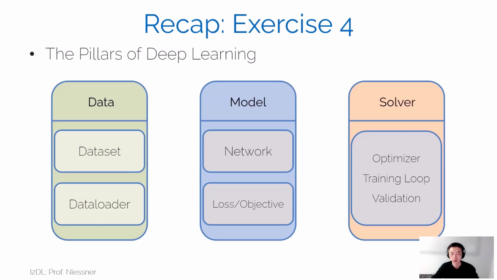So let's have a brief recap of exercise 4. In exercise 4, we went over the pillars of deep learning, from data to model to the solvers. For the data part, each deep learning project needs some data to do the training. So we need to define or get a dataset, and then with our defined function in the data loader, we get the data into the project, to the model.